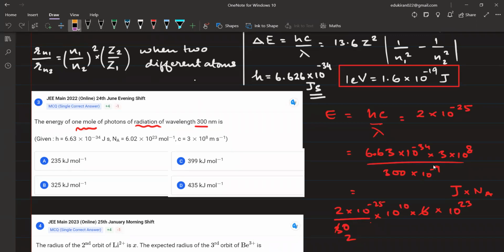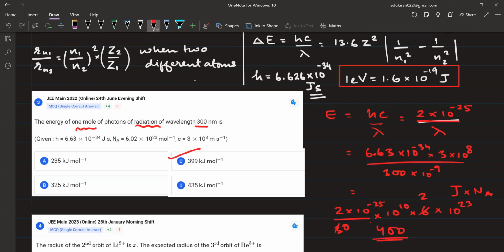My bad, 2 will be here. So it will come close to 400 here, right? So 399 is the correct answer. Write this down. hc upon lambda will be 2 into 10 to the power minus 25 upon lambda. That is the approximate value of h into c.